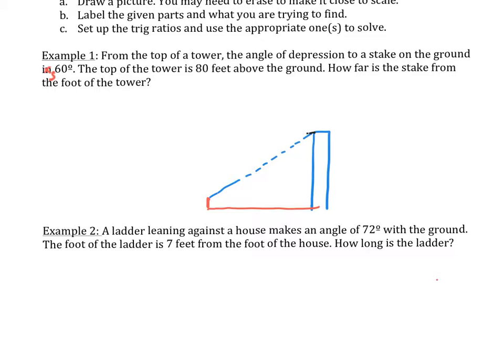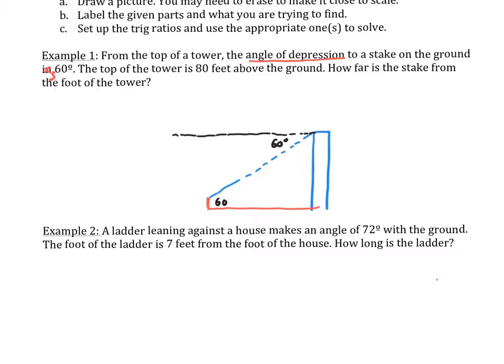Something else to consider is I'm going to need the horizontal line from the top of the tower. The reason for that is because this says specifically the angle of depression. An angle of depression always goes from the horizontal, just like an angle of elevation goes from the horizontal as well. So if this is 60 degrees right here, clearly not to scale, so I'm going to resketch it momentarily.